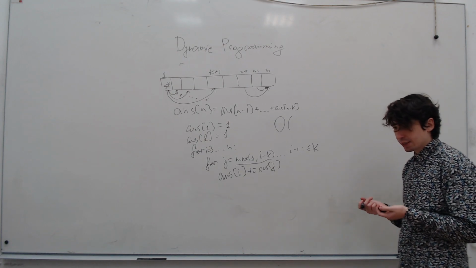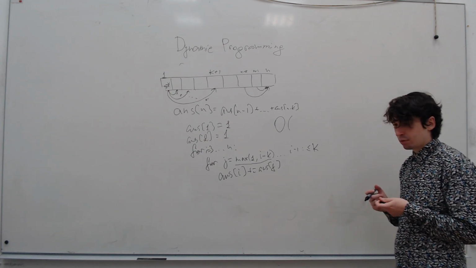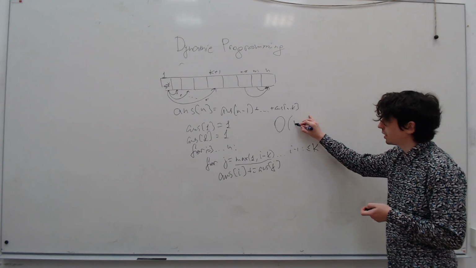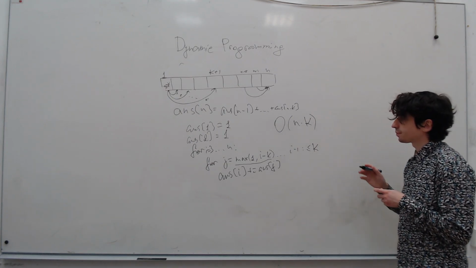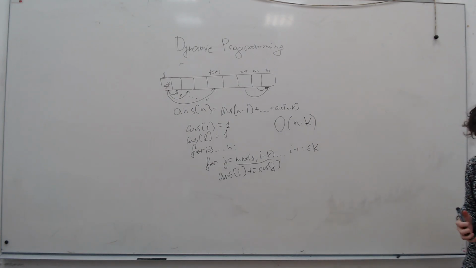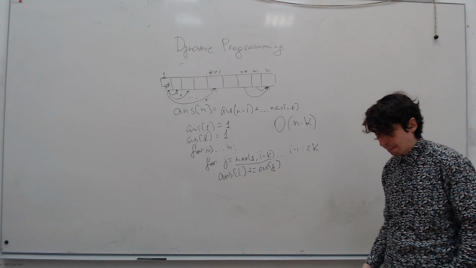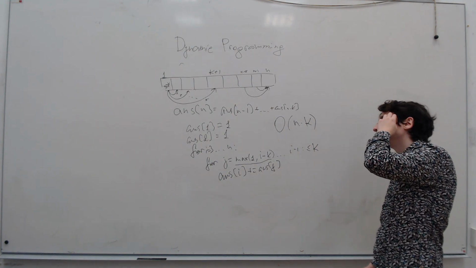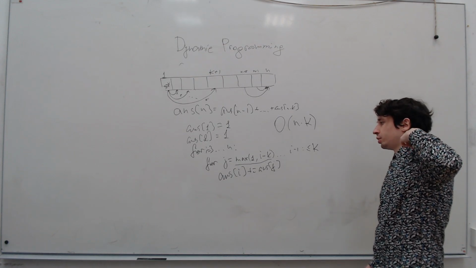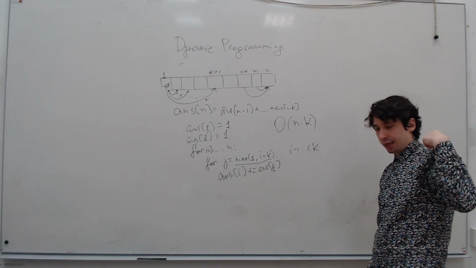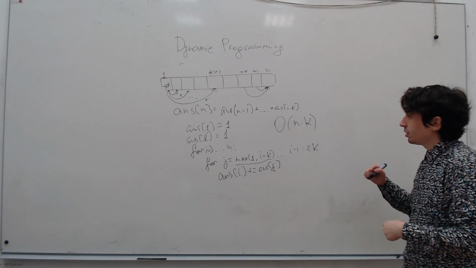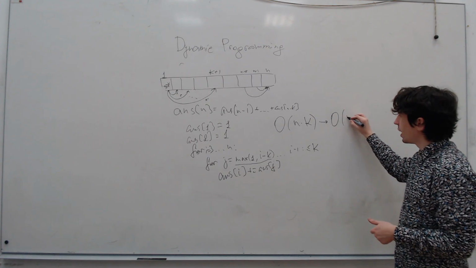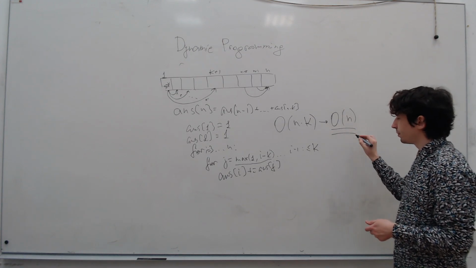And what is the complexity then? N k? Yeah, it's simply n times k. So the question is how to get from n times k to simply O of n.